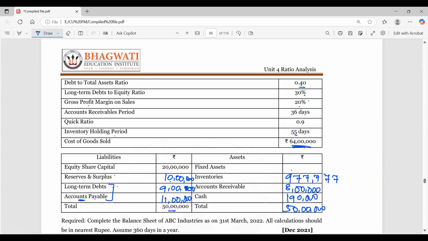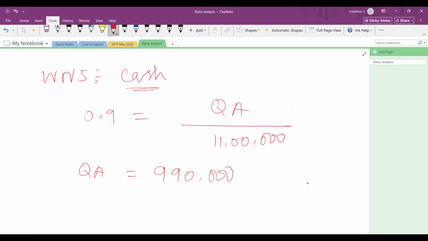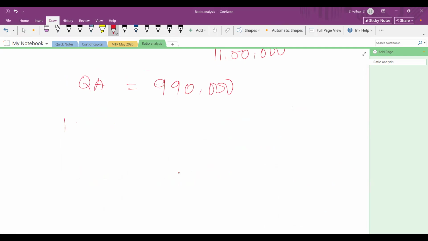From there, the second last bench, you got it. So what is the balancing figure, fixed asset? 30 lakh 32,000. If quick asset is 9 lakh 90,000, we can write it as receivable plus cash is equal to 9 lakh 90,000.